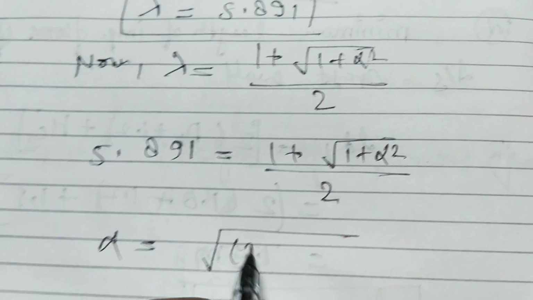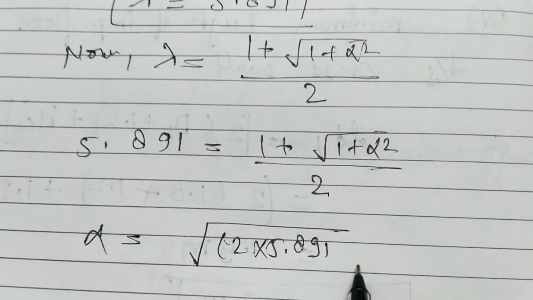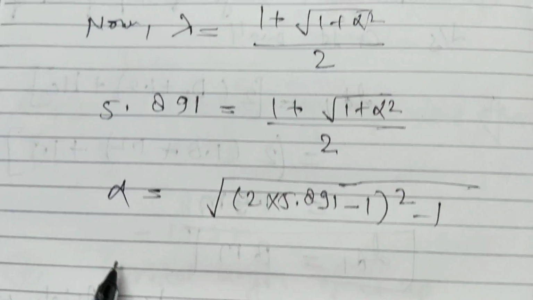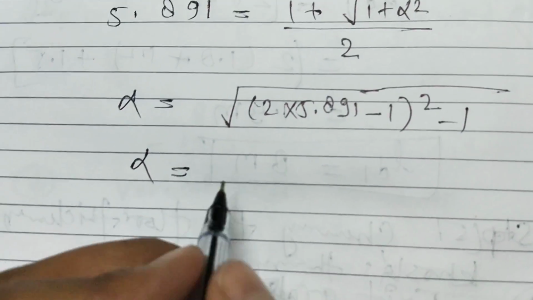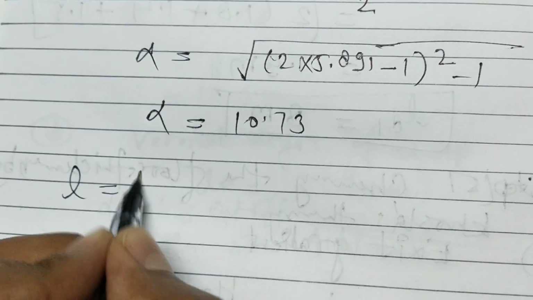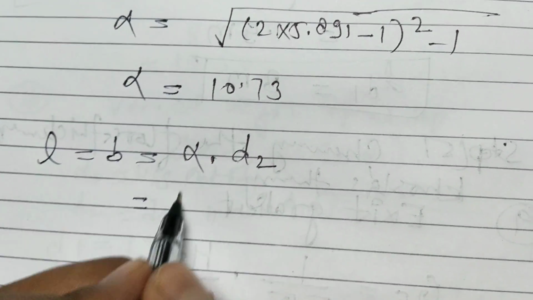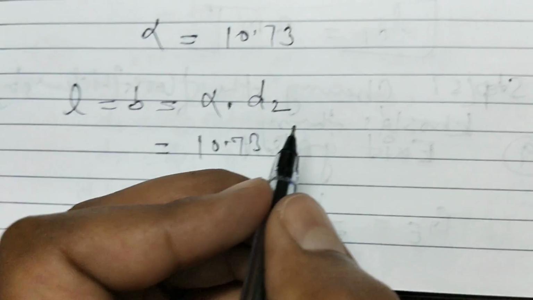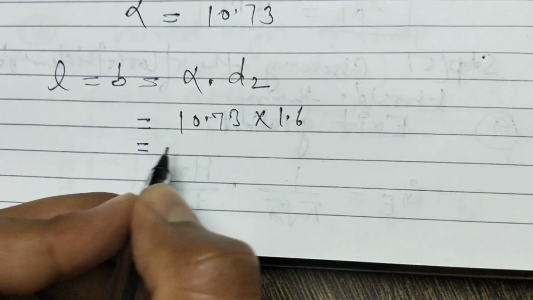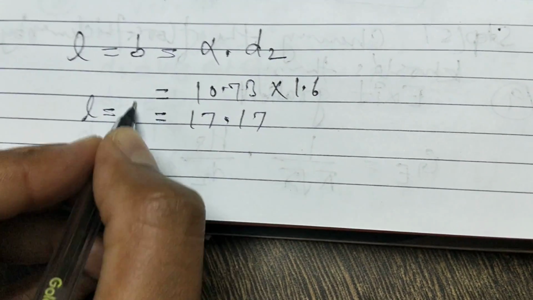Under root of (2 into 5.891 minus 1) to the power 2 minus 1, then alpha will be 10.73. Now we will calculate L and B. What is L and B? It is alpha into D2. Now alpha is 10.73 into downstream cutoff 1.6. It will be 17.17, so L equals B.